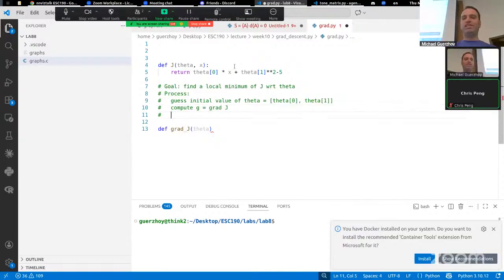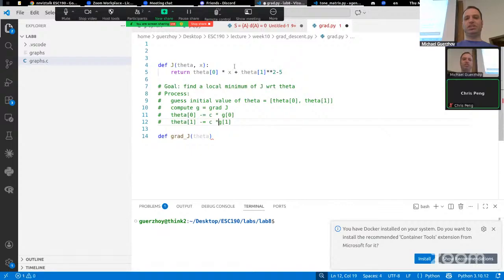So follow the gradient means theta 0 minus equals G0 and theta 1 minus equals G1, with some kind of constant here that's maybe very small.